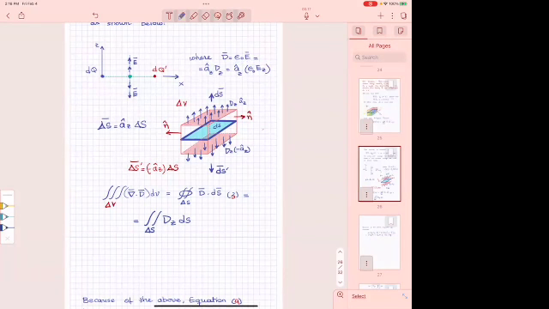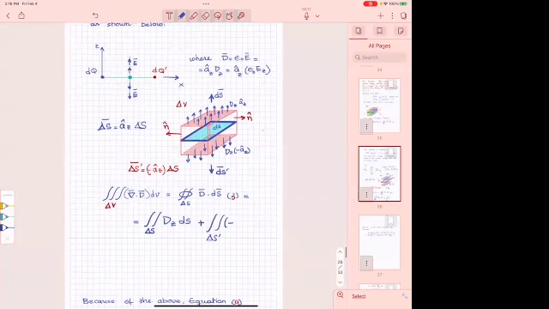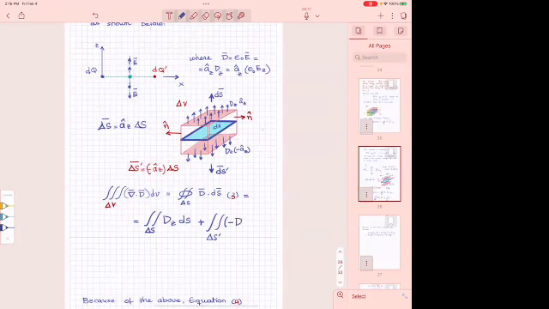The second has a minus from here, and a minus from delta S prime, and a minus from Dz, because Dz also below the surface has the outward direction.